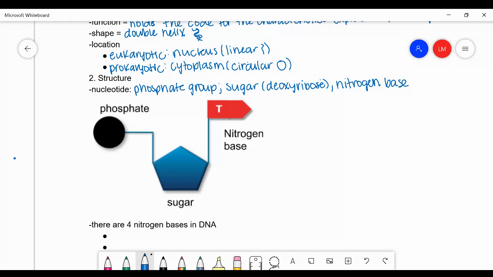So what we see here is the basic structure of a nucleotide. We have a phosphate that is connected to deoxyribose sugar, which on the other side is connected to a nitrogen base. And these nitrogen bases can be one of 4 different things.